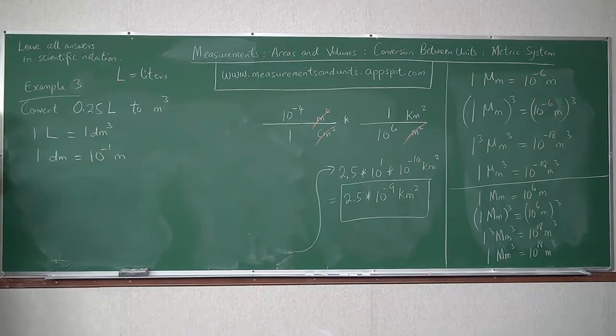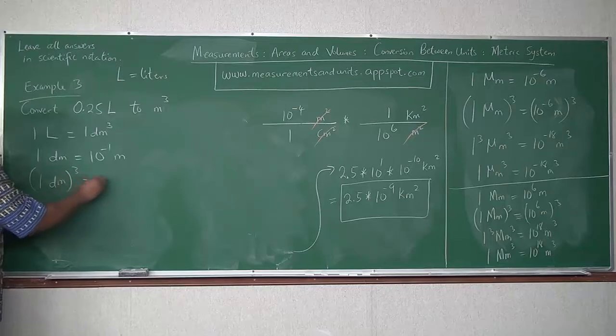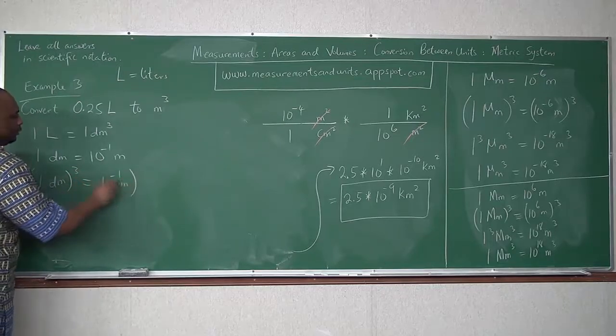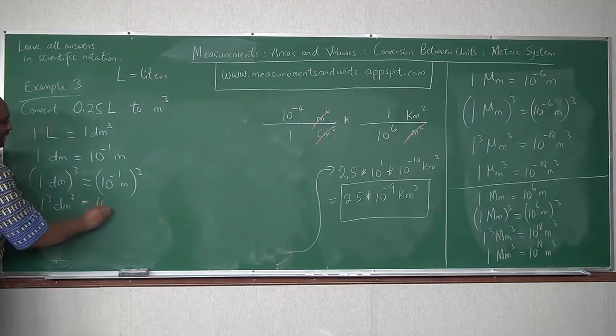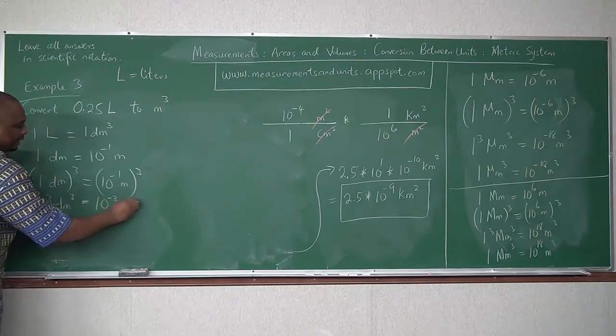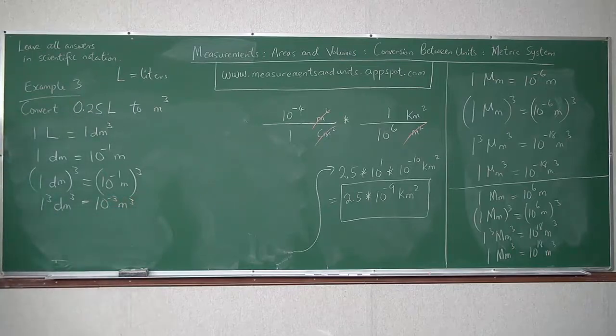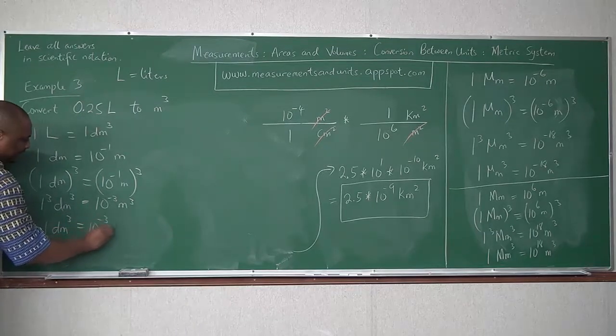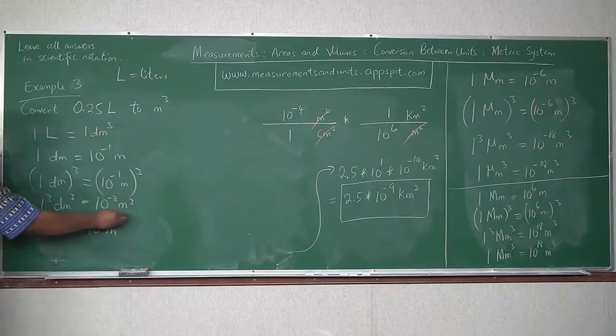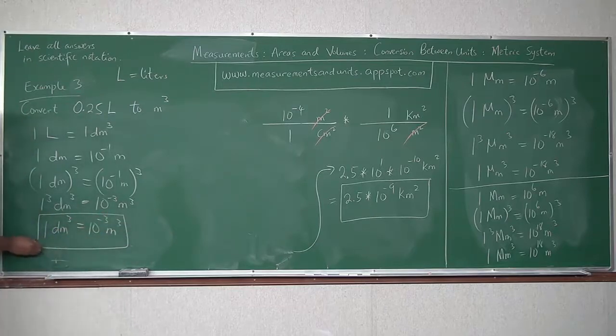Cube both sides. So we have that 1 cubed dm cubed is equal to 10 to the negative 3 meter cubed. Right? So 1 cubed is 1. 1 dm cube is 10 to negative 3 meter cube.